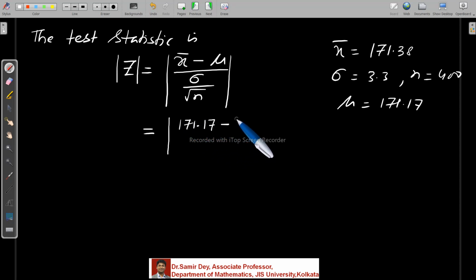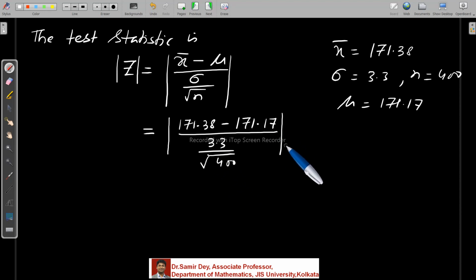171.17 minus 171 from 38 minus 171 from 17 divided by sigma, that is your 3.3 whole divided by root under 400. Is it clear? If I simplify, how much is coming?